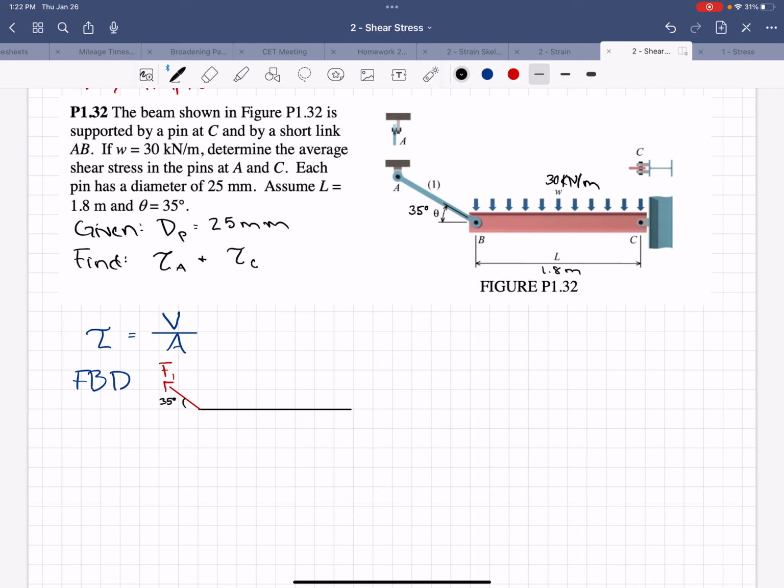And then at C, we have a pin, so we have a reaction in the Y direction, Cy, and we have a reaction in the X direction, Cx. Okay, and then we have this distributed load, which we can draw on here.